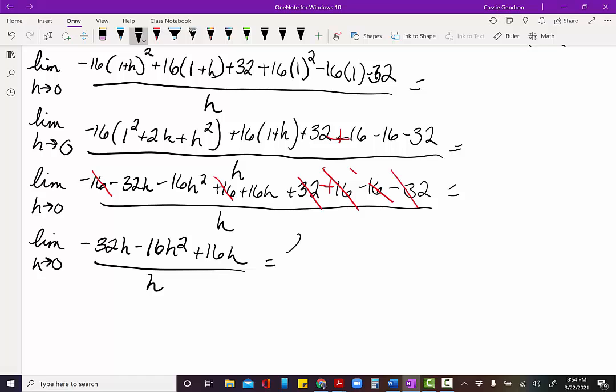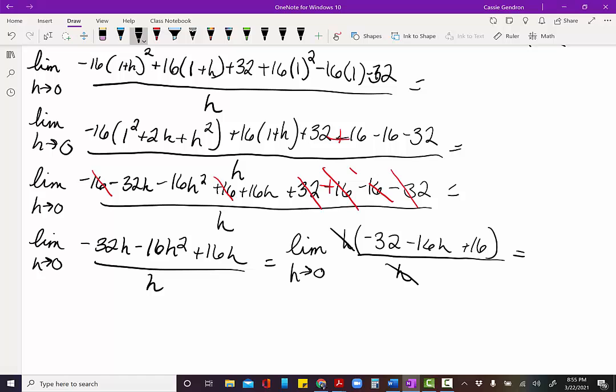So the limit as h approaches 0 of h times negative 32 minus 16h plus 16, all over h. Cancel out the h's.